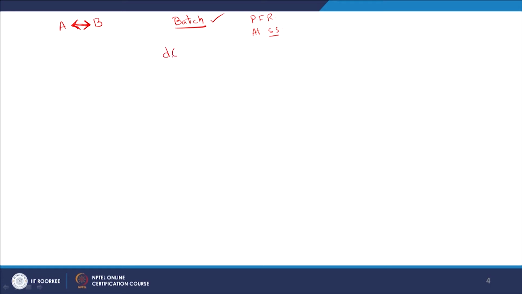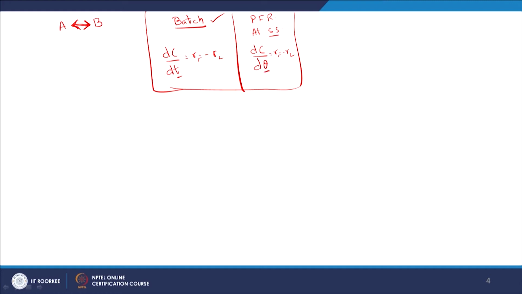If you look at the fundamental equation that we derived, for the batch reactor it's dC by dt equal to rate of formation minus rate of loss, and here it's dC by d theta equal to rate of formation minus rate of loss. So you will just need to replace time with hydraulic retention time in the case of the plug flow reactor. We are not going to go into that in detail here.